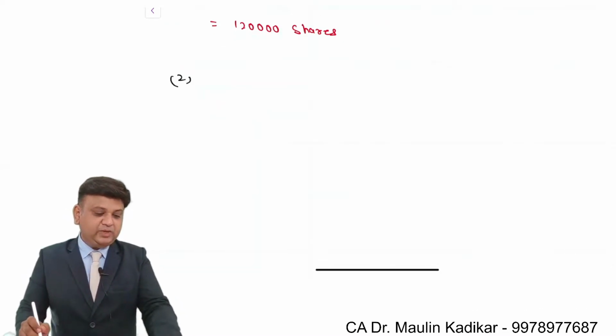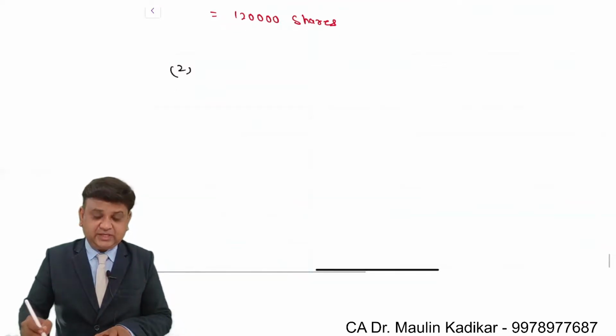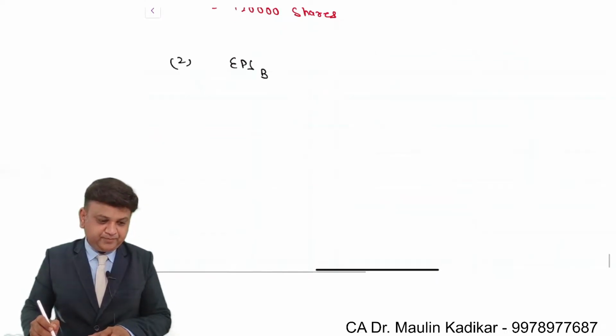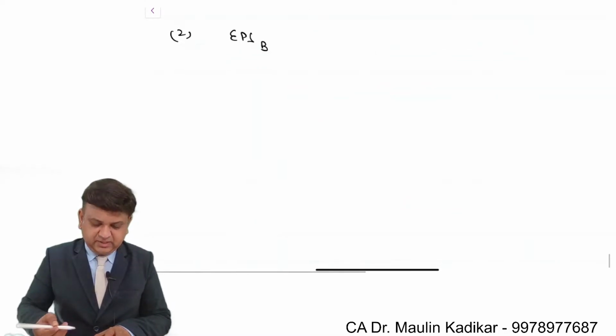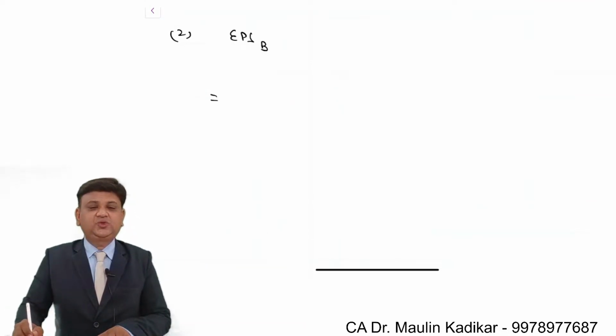Second question is, what is the EPS of B Limited after acquisition? So let us answer the second part of the question. EPS of B means EPS of the merged firm. Dear students, no increase in the earning information is given.